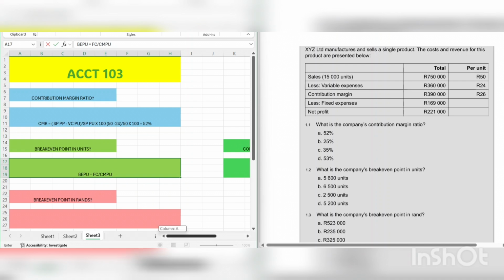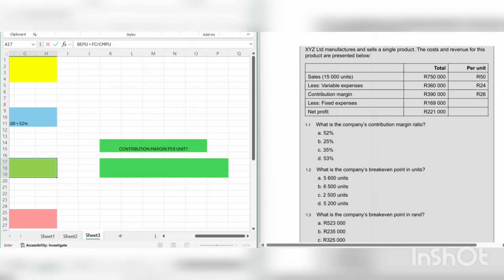So we need to calculate our contribution margin per unit. Very simple. Your contribution margin per unit is your selling price per unit minus your variable cost per unit, which gives you simply 50 minus 24, and that is 26.